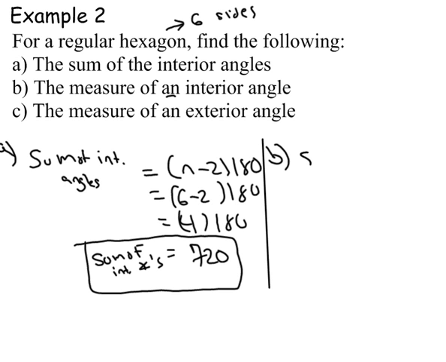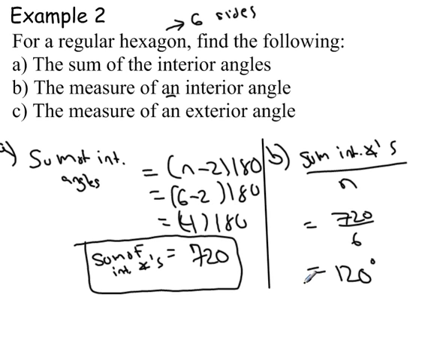So the sum of the interior angles, let me just write the formula, divided by the amount of sides, or by n, and that will give us 720 divided by 6, and 720 divided by 6 is 120 degrees.